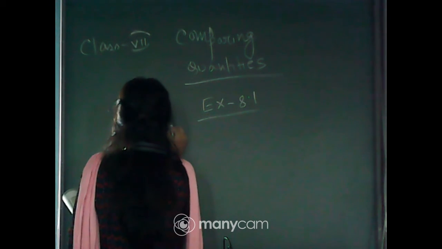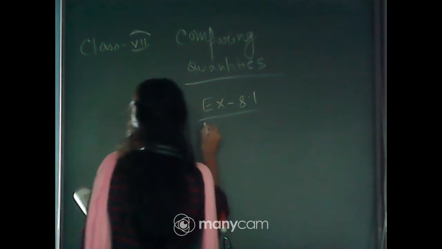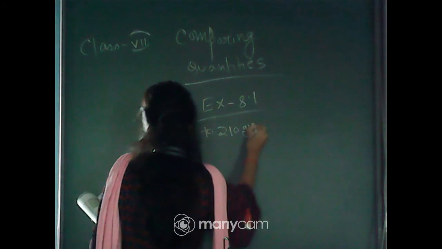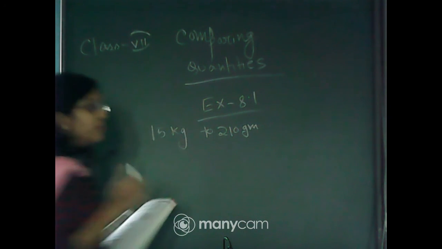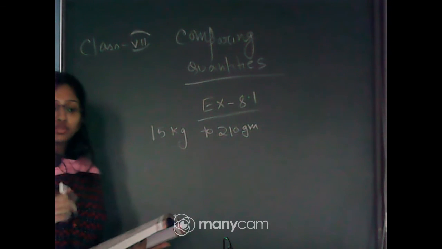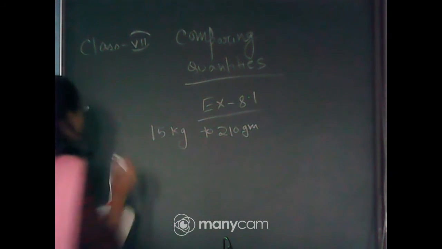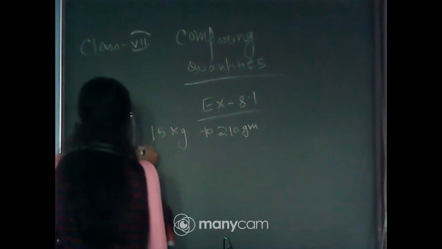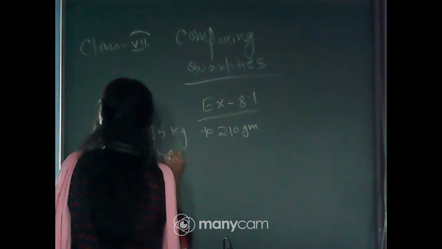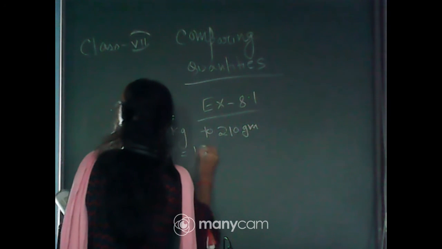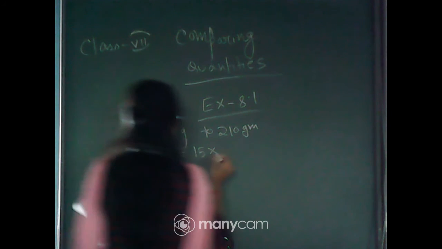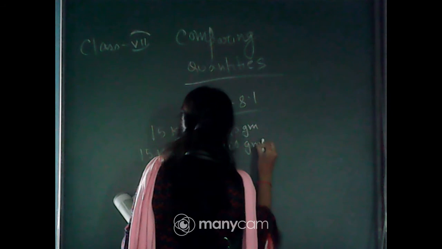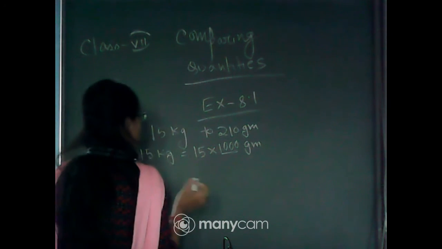The next question is, 15 kg to 210 g. First we convert the unit kg into the unit gram. Now 15 kg is equal to 15 into 1000 gram.